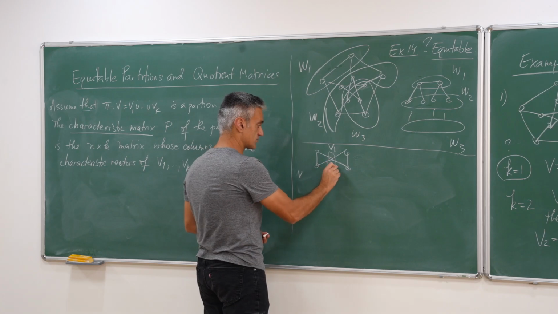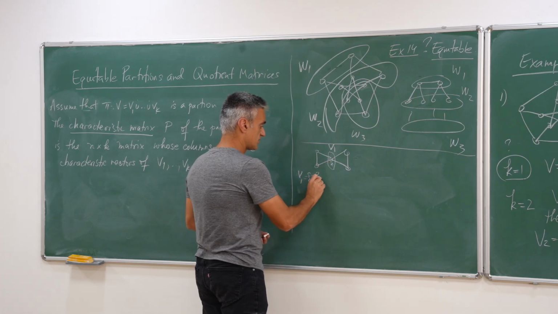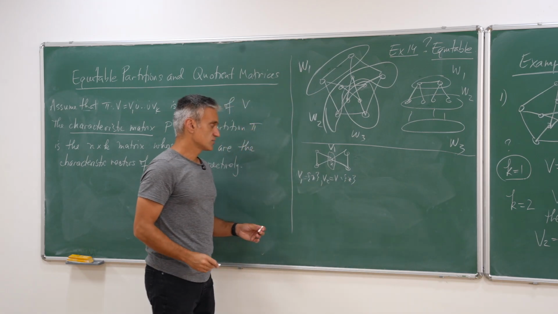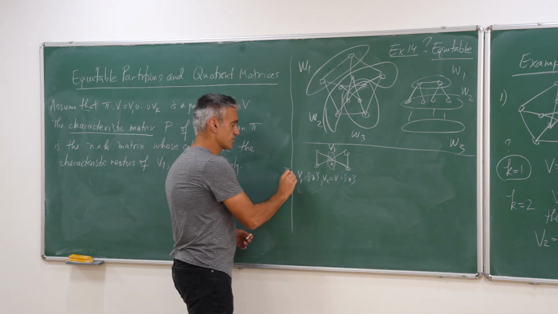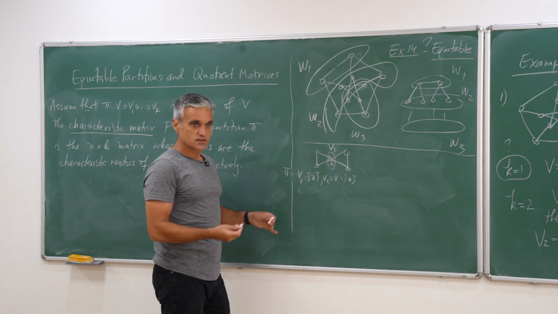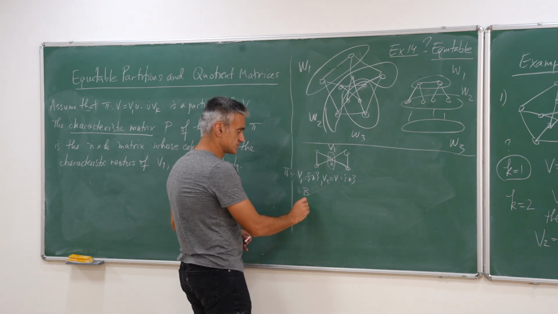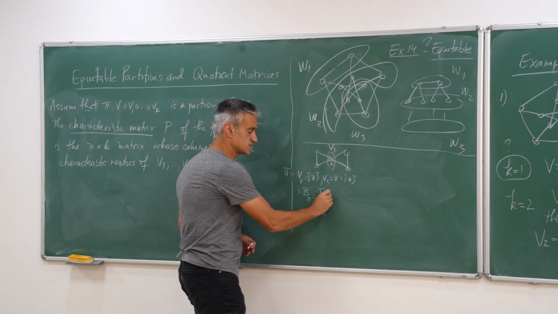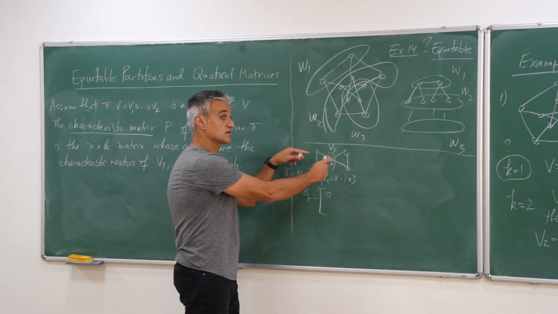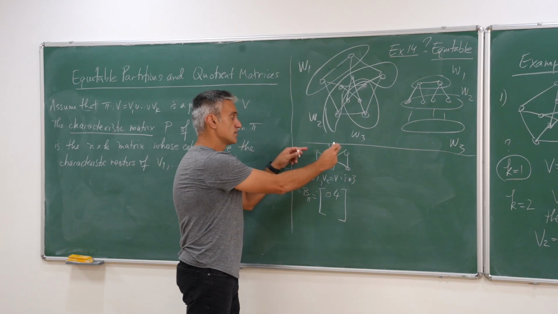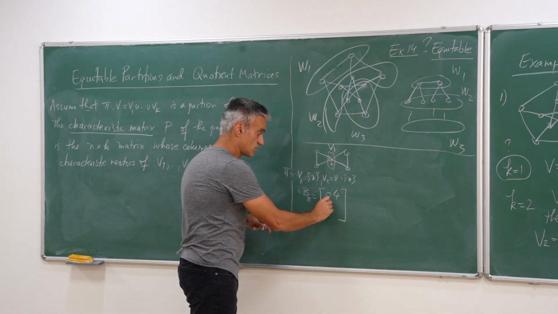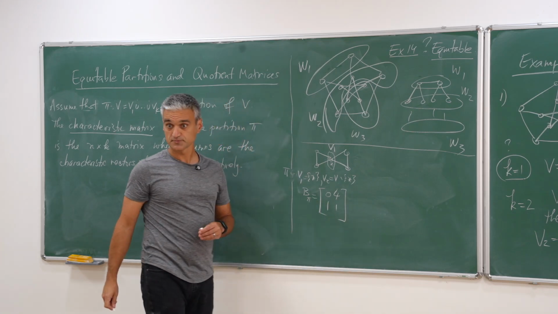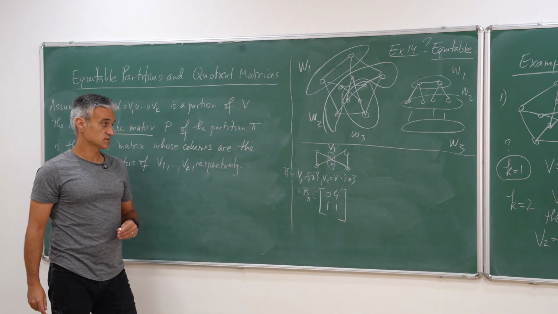Let's call this vertex x. And V2 is V minus x. So this partition, let's call it pi, is equitable, and the quotient matrix of this partition is going to be 0 in x, then 4. Inside the rest, you see from outside towards x, everybody has 1, and then 1. Make sense? So that's the equitable one.